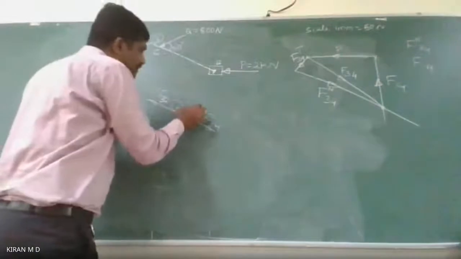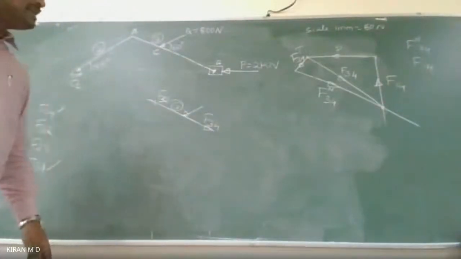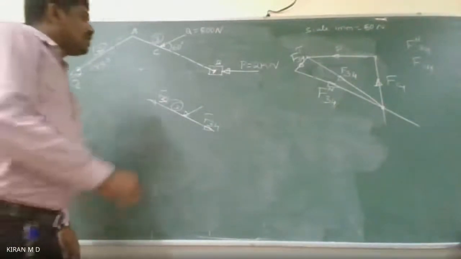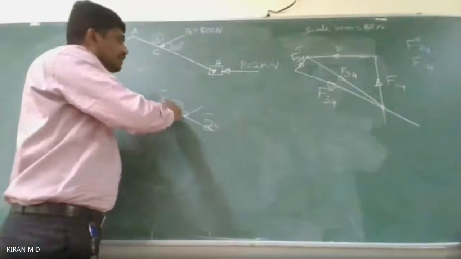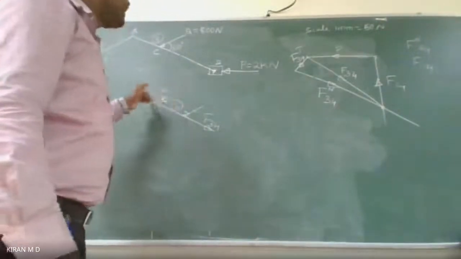But in this problem, we have one additional force, right? So what will happen now? We need to use this force also to calculate F32.